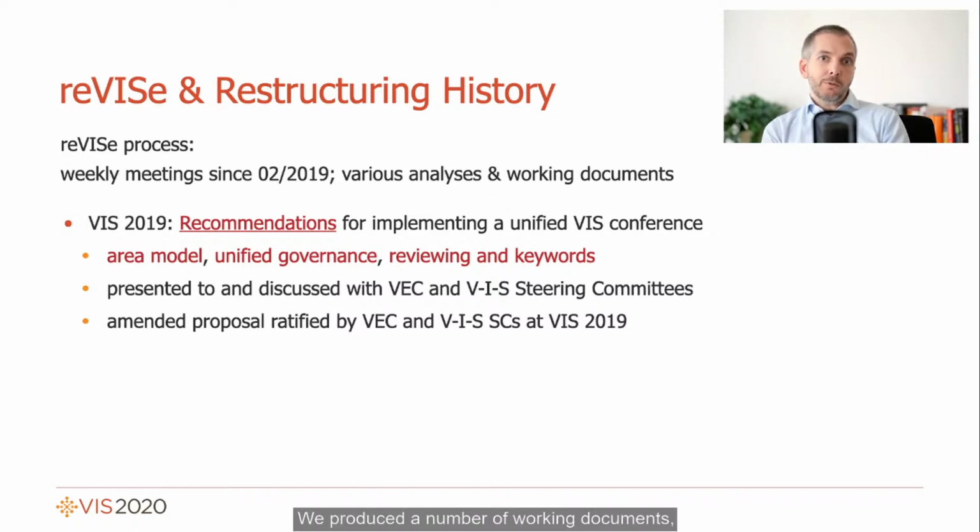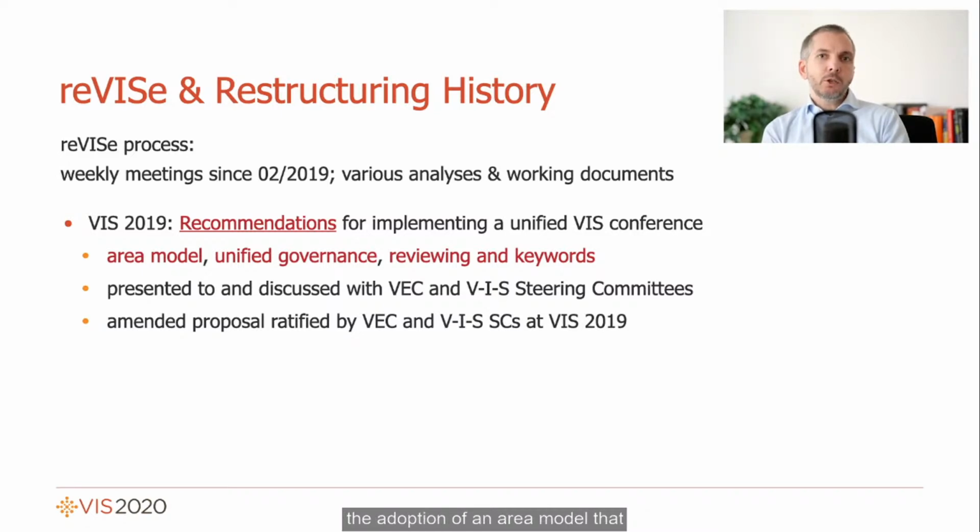We met weekly on Fridays and took a broad approach, looking for example at what other conferences were doing, evaluating various area models, etc. We produced a number of working documents, all of which are publicly accessible, as are our meeting minutes. So while I'm not going to go into too much detail on our process here, this is all documented in a Google Drive folder that is also linked from IEEEVIS.org.